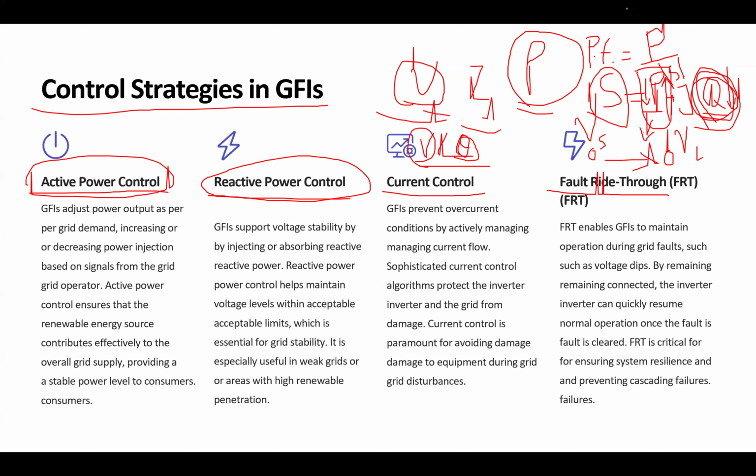Yes, exactly. This is the power factor, and power factor compensation is a system level situation, and it's not just for inverters. It is a general kind of system management.